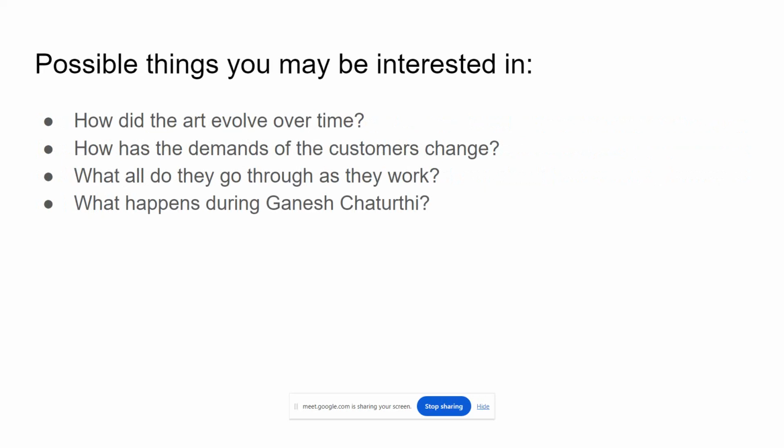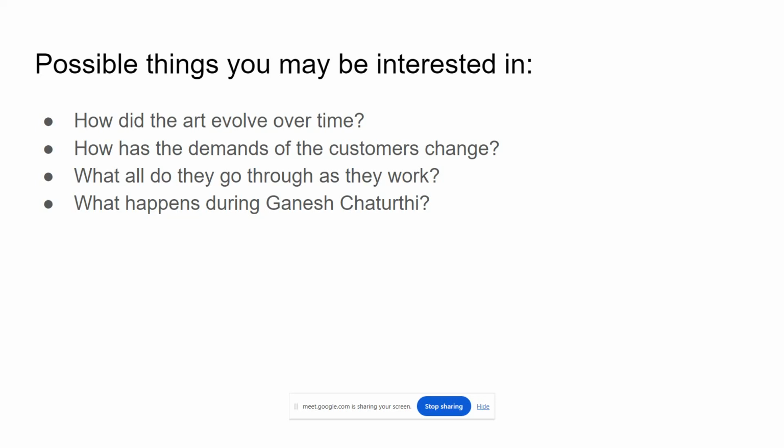So you may be interested in some of the concepts, like how did the art evolve over time. While we talk about the woman's husband making the idols, or maybe herself making the idols, and then his father making the idols, how did it change over time? Were there any changes in the designs? Or maybe initially when they started making idols, the family members would not care about coloring the idols.